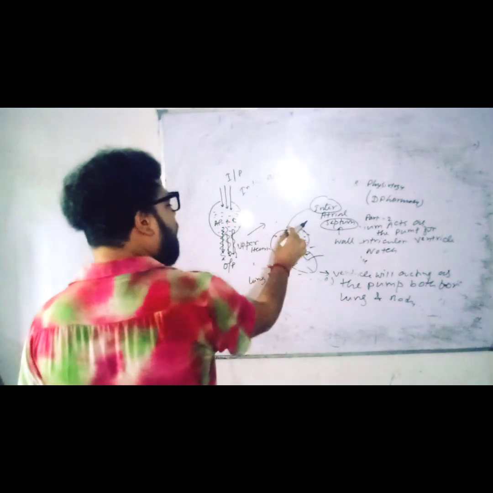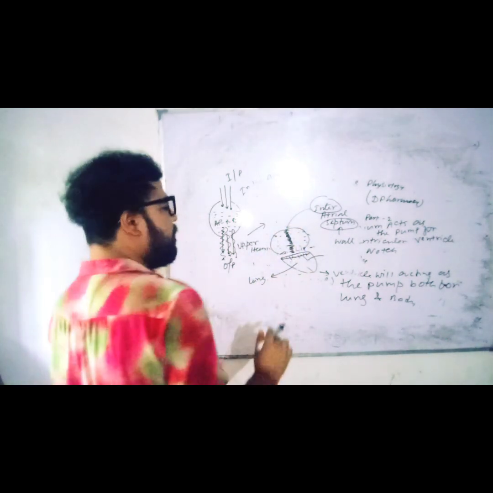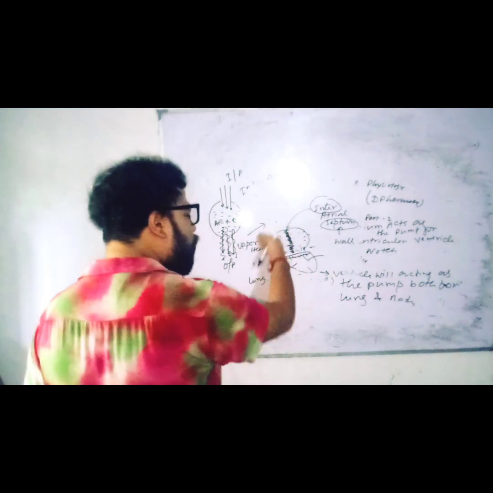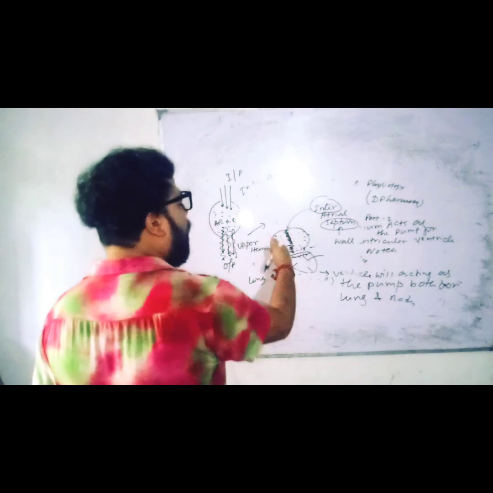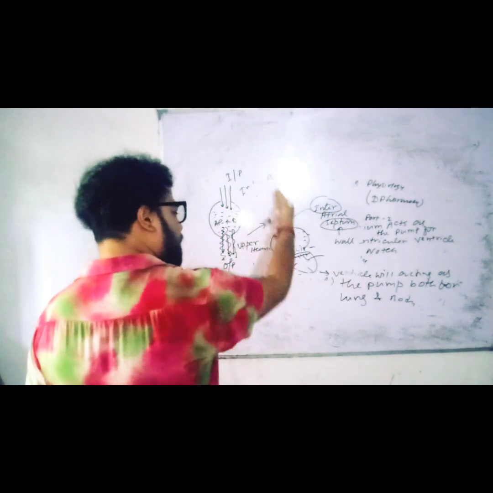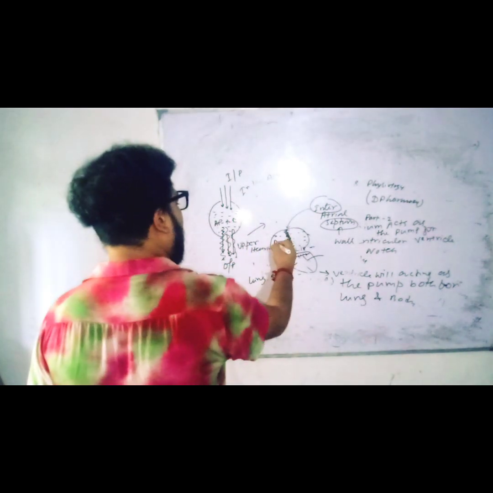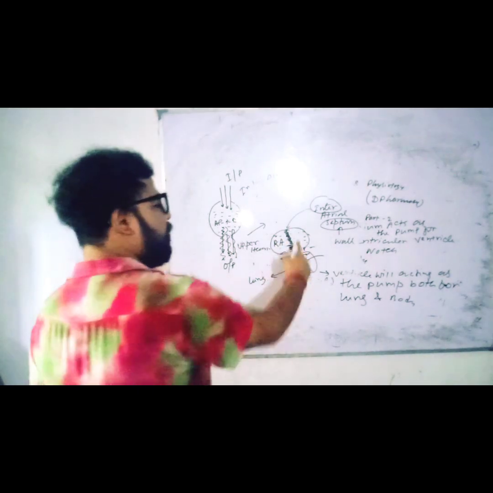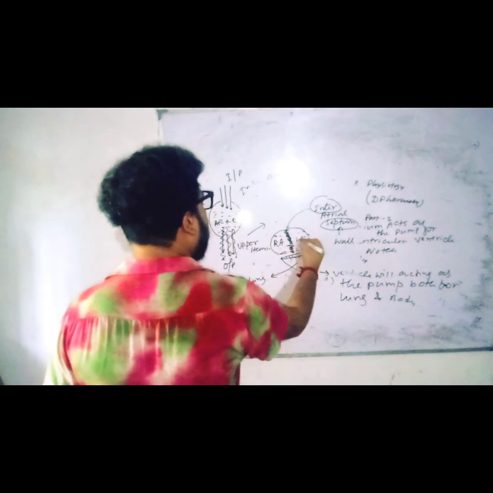So this interarterial septum divides the whole atrium into two compartments. On the right side, that is your right atrium, and on the left side, that is your left atrium.